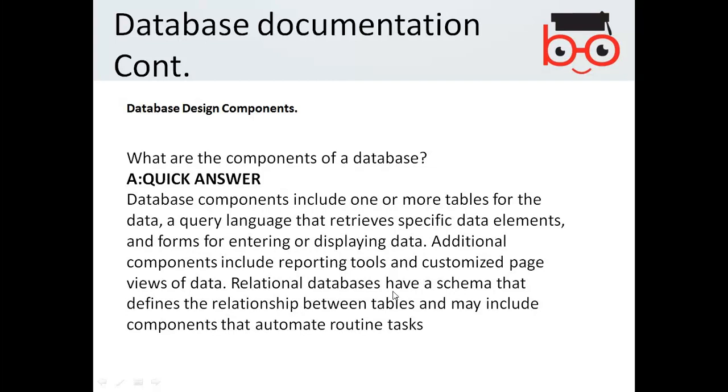Relational databases have a schema that defines the relationships between the tables and may include components that automate routine tasks. So everything we discussed, like tables, queries, macros, and triggers, comes under the components of the database.